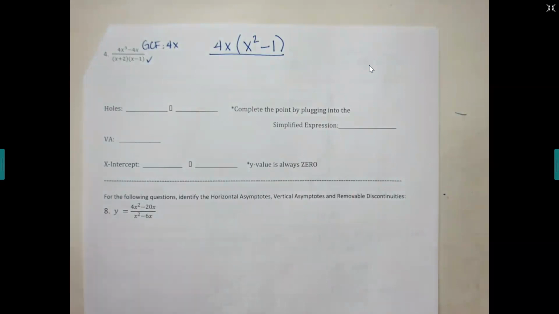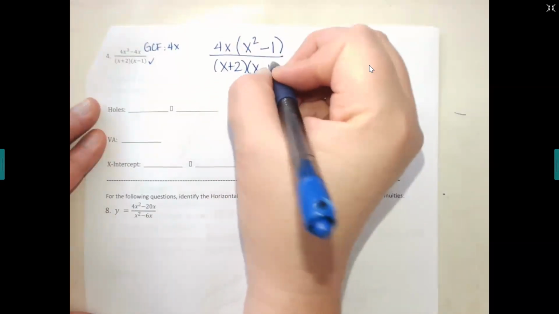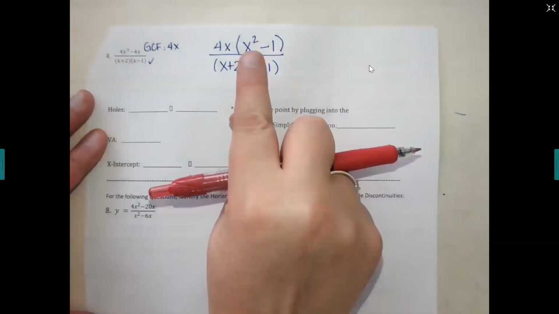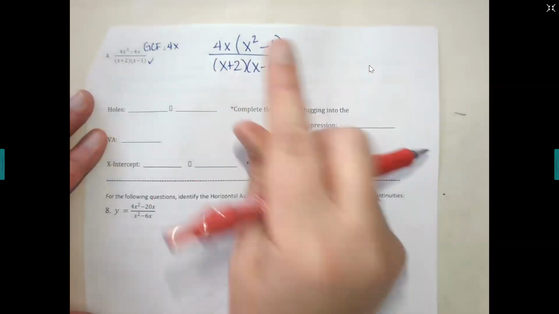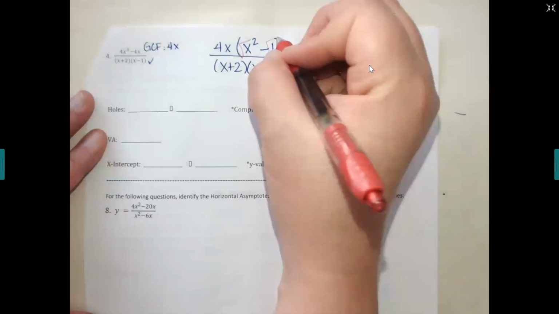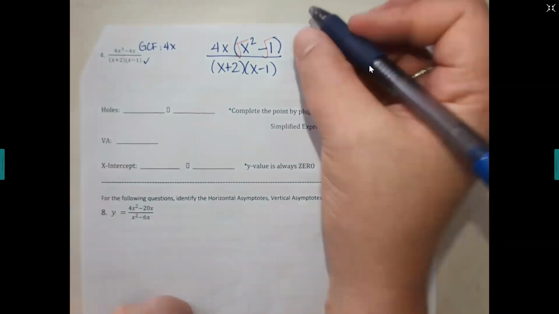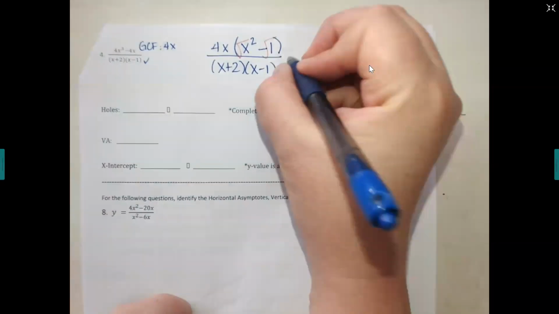Okay, then the bottom was already done. Can I break the top down one more time? This part? Square roots, very good. What's the square root of x squared? Regular x. What's the square root of 1? Plus or minus 1.